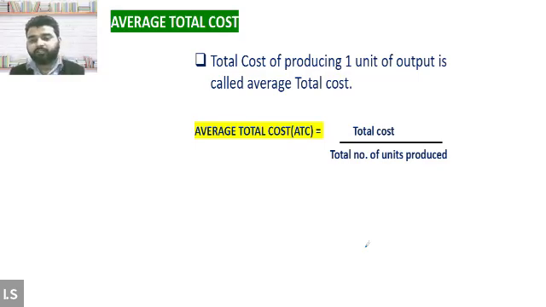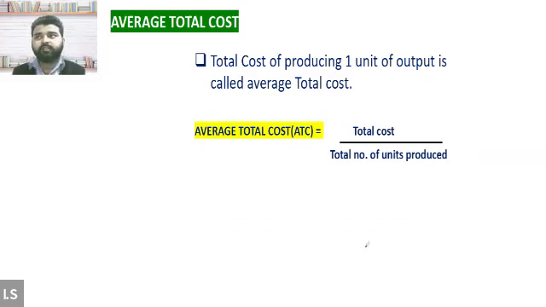We have another formula as well for calculating average total cost, wherein we add AFC and AVC together to calculate ATC. Now ATC has exactly the same behavior as AVC.